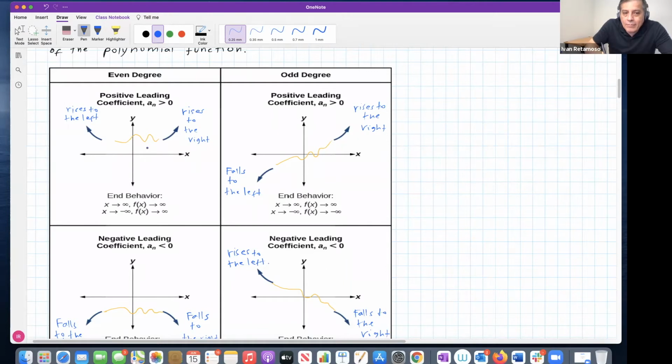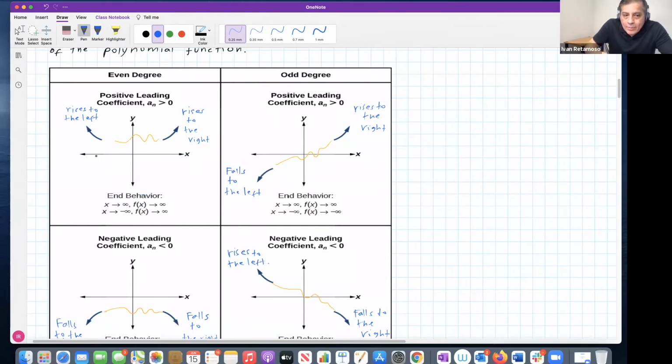In the middle, you may have some wiggles, some ups and downs, right? But the end behavior will be rises to the left, rises to the right, right? And this is expressed using the arrow notation. If X increases without bound, approaches infinity, then Y also approaches infinity, it grows. This is what it is saying.